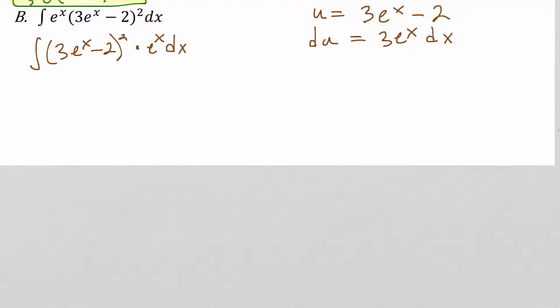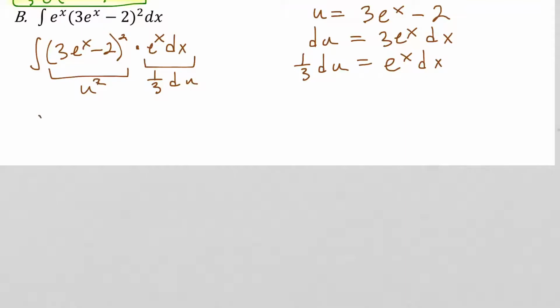All right, so I don't have a 3 over here like I do here, so that means I need 1/3 du. I'm dividing by 3 is e to the x dx. So e to the x dx is 1/3 du, and this part here is u squared.